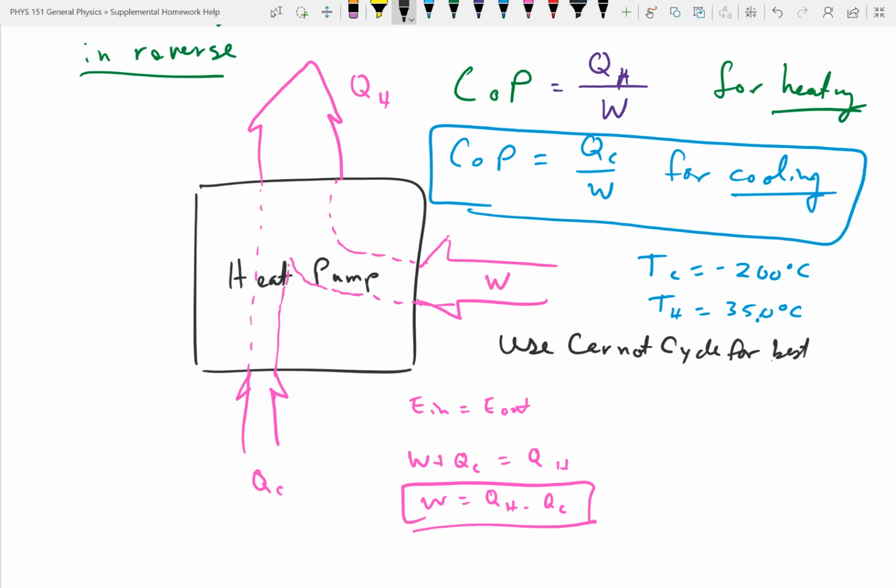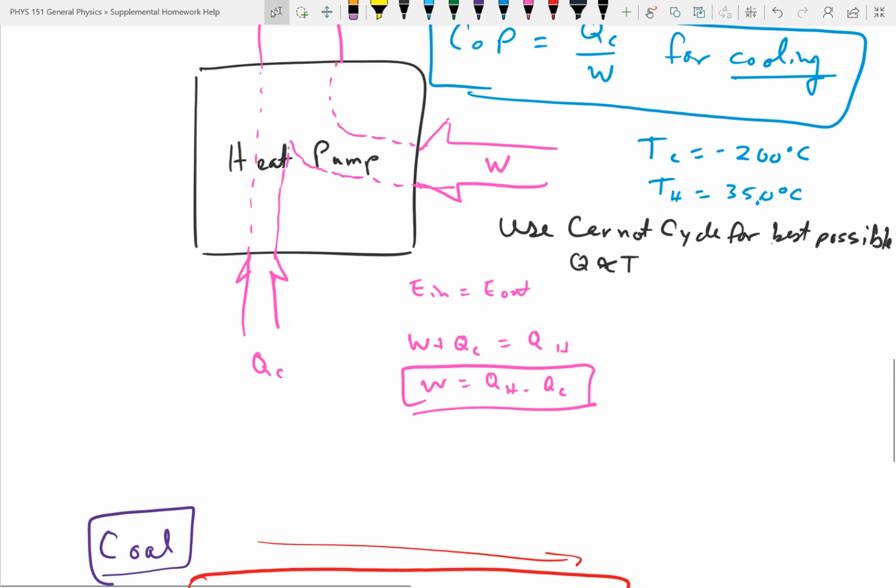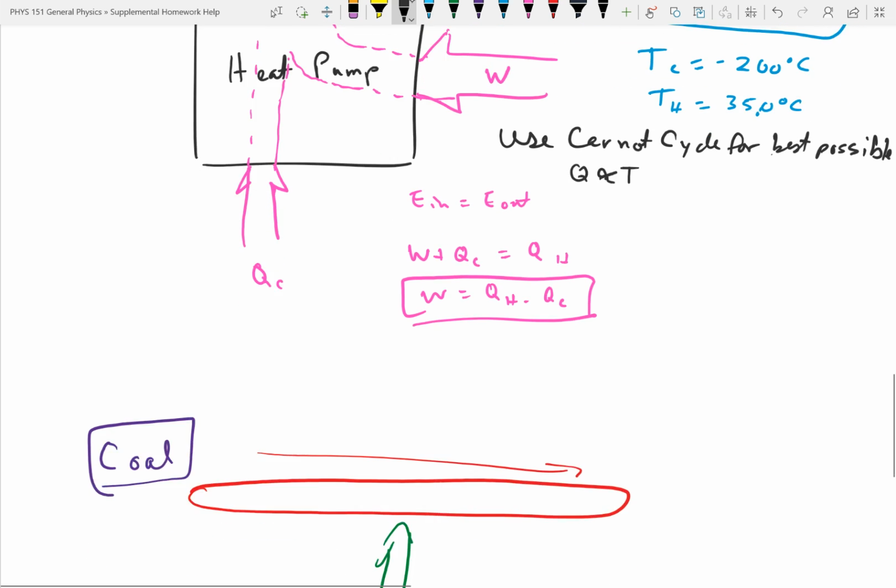Now, what was special about the Carnot cycle was that Q is proportional to temperature. Now, this has a W in it. So I'm going to erase my cold picture.